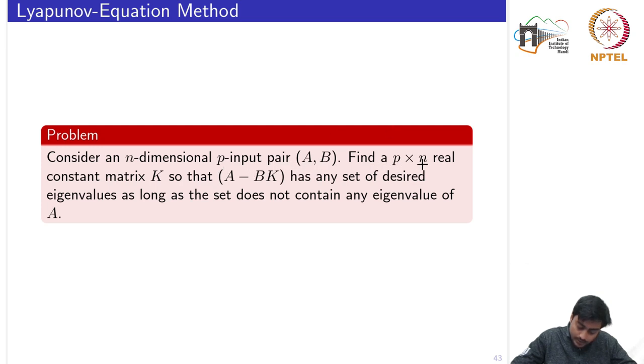We need to compute a p cross n real constant matrix K so that A minus BK has any set of desired eigenvalues. Now this method has some restrictions: the desired eigenvalues cannot be placed at the origin, and the set of desired eigenvalues should not contain the eigenvalues of the A matrix also.